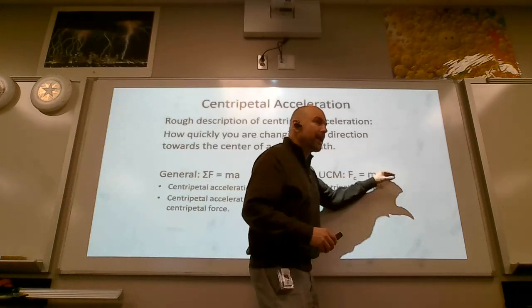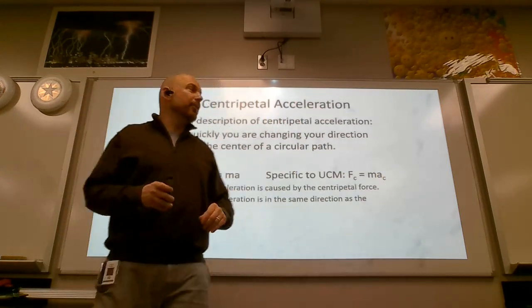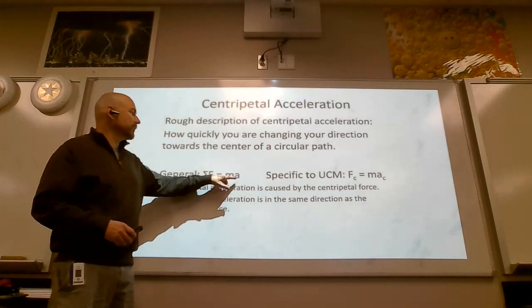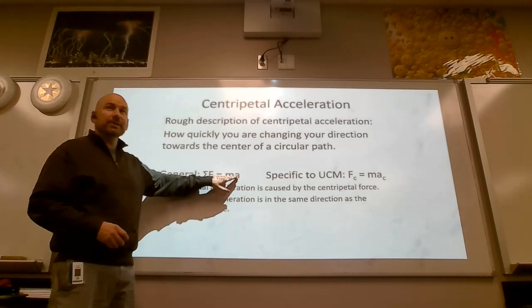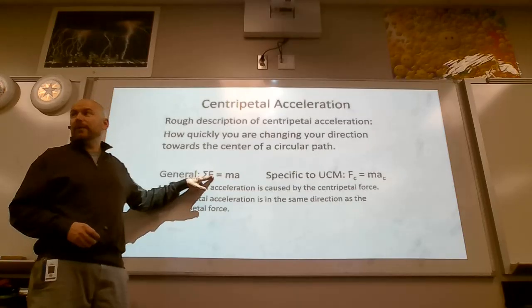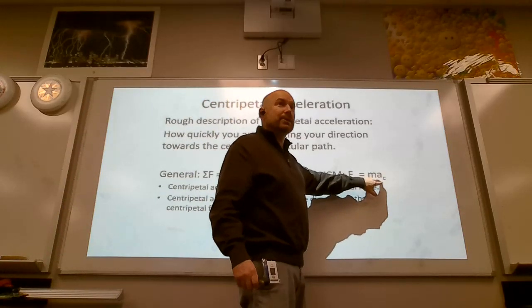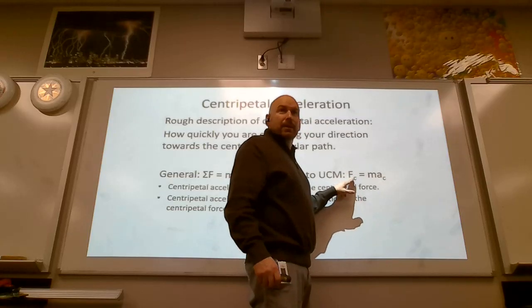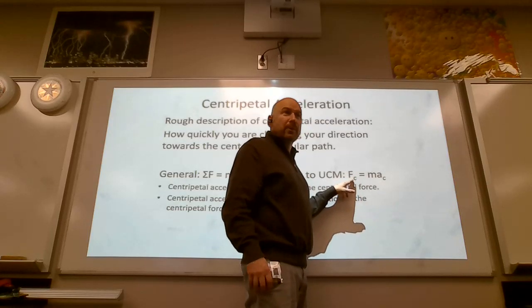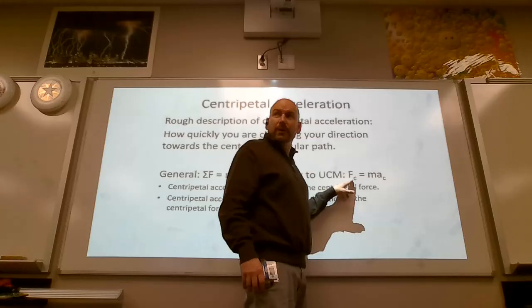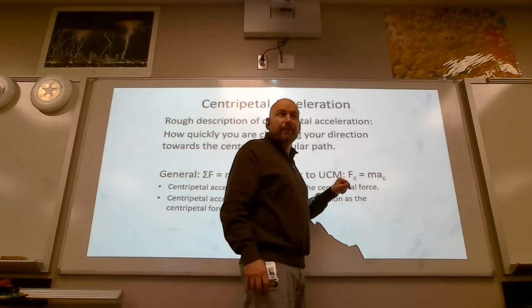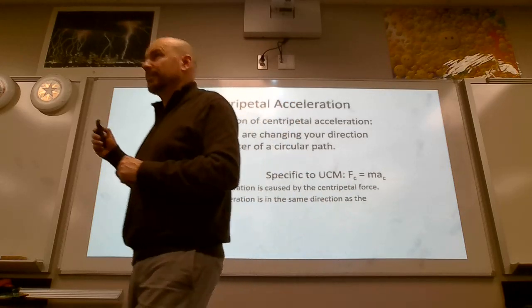The centripetal force causes that centripetal acceleration. The direction of acceleration is determined by the direction of the net force. The direction of centripetal acceleration is determined by the direction of centripetal force. Which way is centripetal force pointing? Towards the center. Good with that?